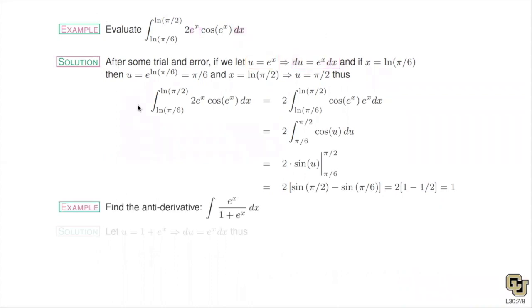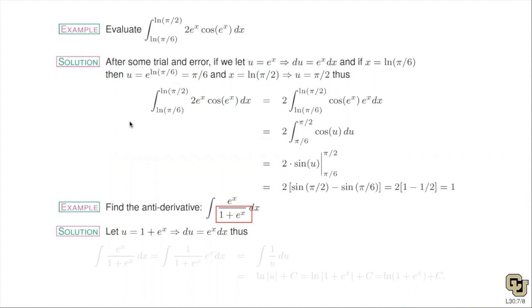So this next one is similar. Here, certainly after some trial and error, we would guess to let the denominator be equal to 1 plus e to the x. It's not necessarily obvious, and at the end of the day, it works. Whether we could think of it or not, now that we've seen this example, we have to remember it.